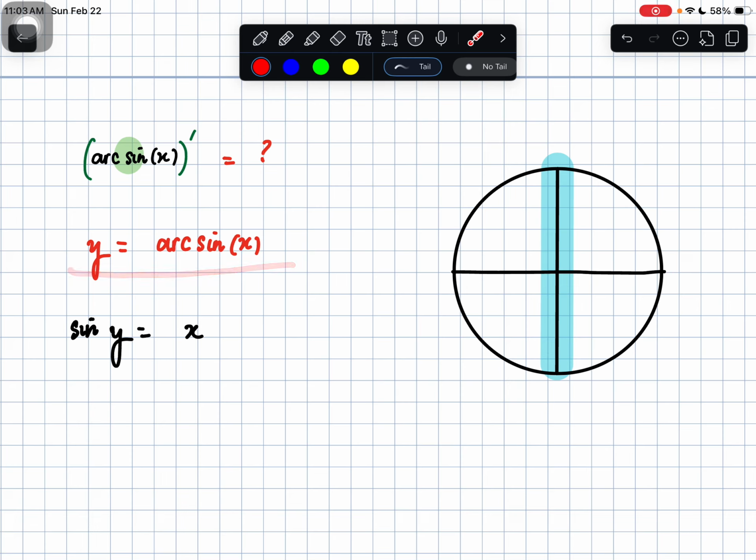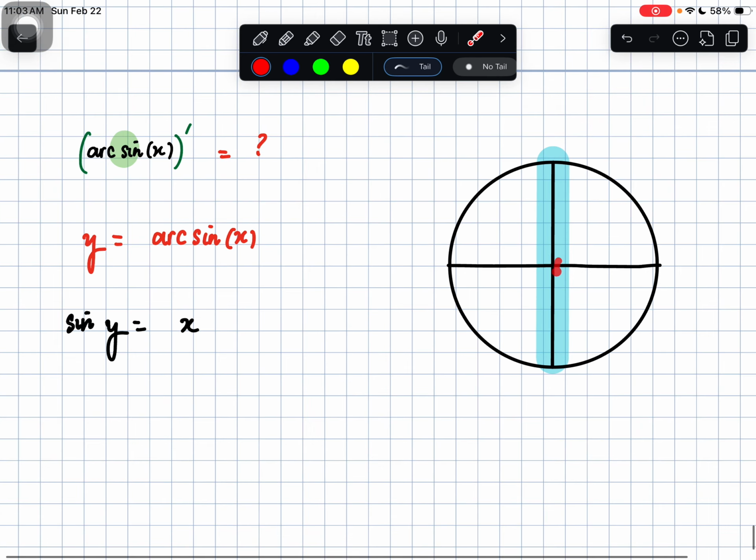By convention, the angle y will take values from minus pi divided by 2 to pi divided by 2. It will cover all the values from -1 to 1. So the angles run between minus pi over 2 and plus pi over 2.